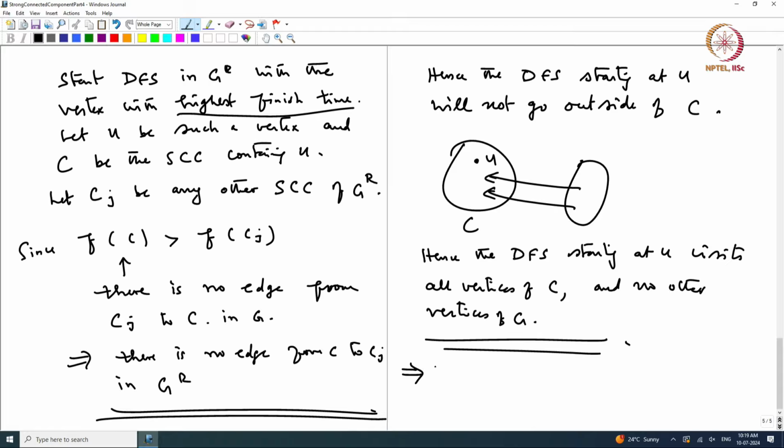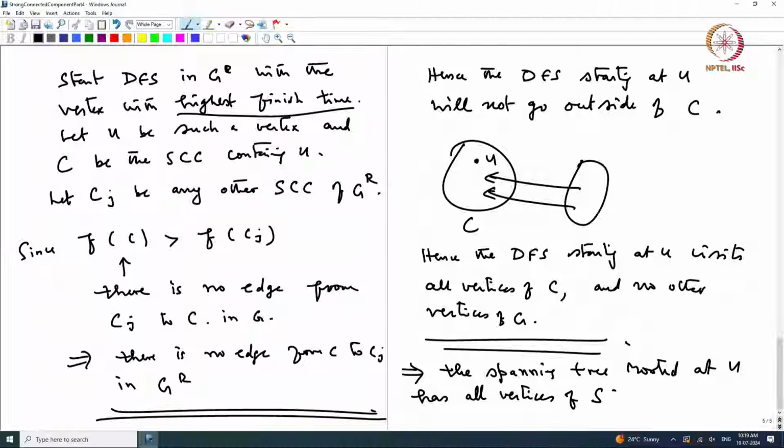This implies the spanning tree rooted at U has all vertices of the strongly connected component and only these vertices are in the tree.